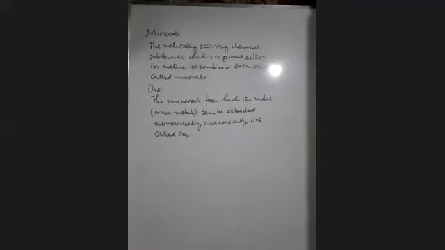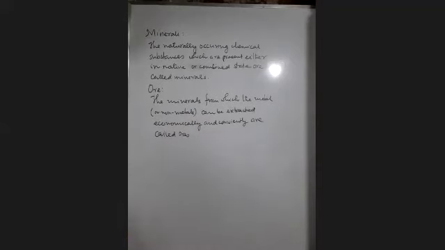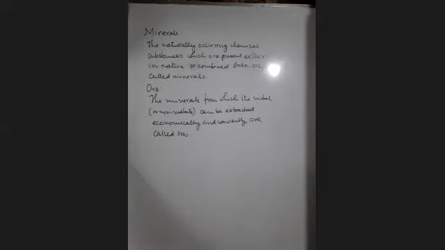What is the meaning of this? Can be extracted economically and conveniently. Suppose you got a huge gold reserve on the seabed. It is difficult for us to get it from there because you have to send divers. And moreover, even if you can go and extract it, your cost of extraction will be very high because you have to arrange so many things.